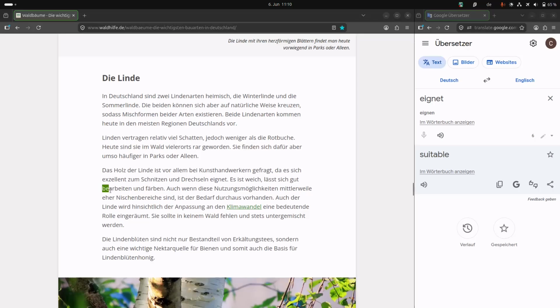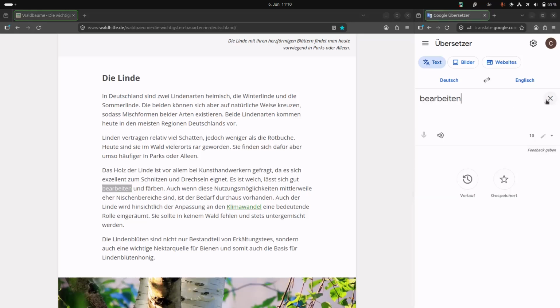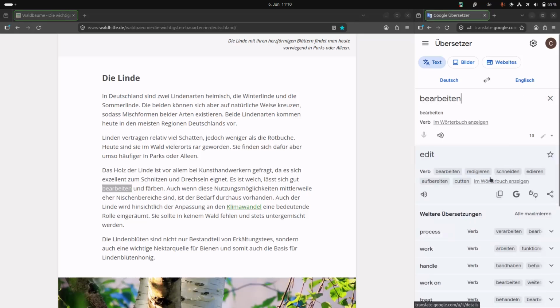This is just a prefix. In general, bearbeiten just means to edit something, to change a bit of it, but in this case it really means work on something, like really. So bearbeiten, process, worked, handled, work on. So it lets itself be worked on well.